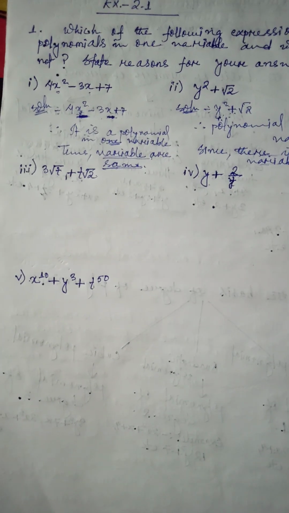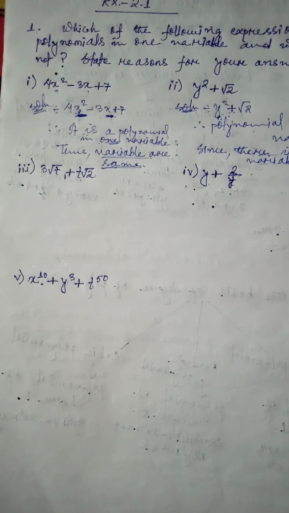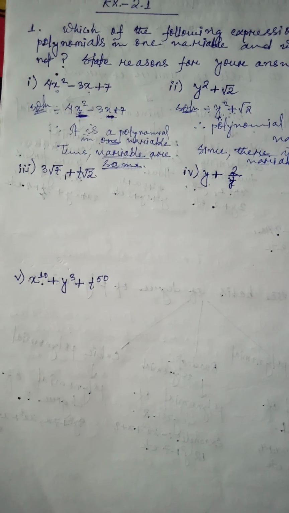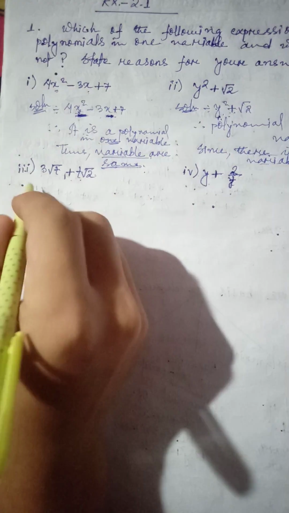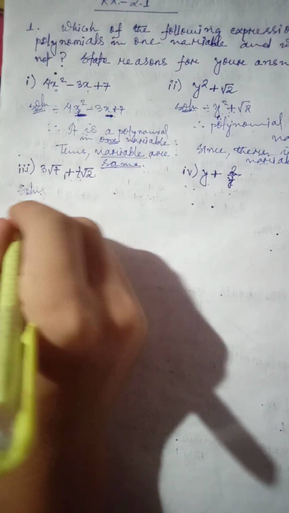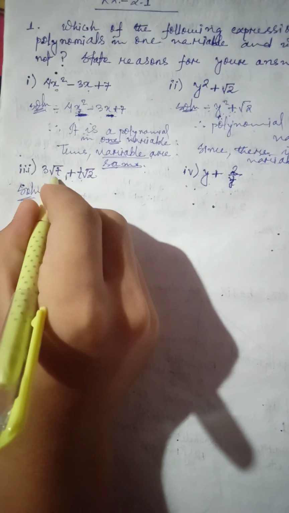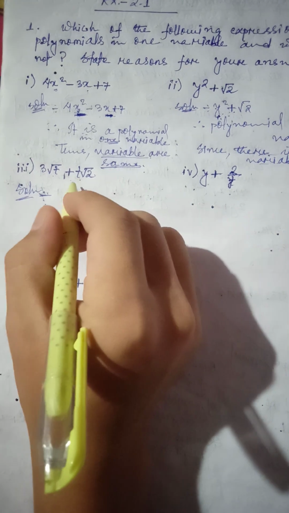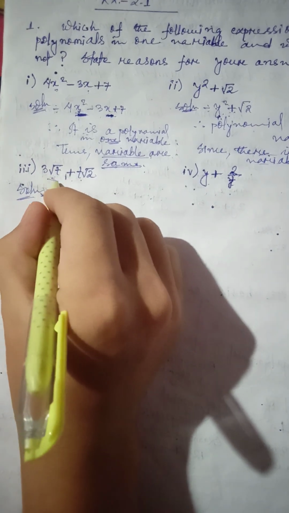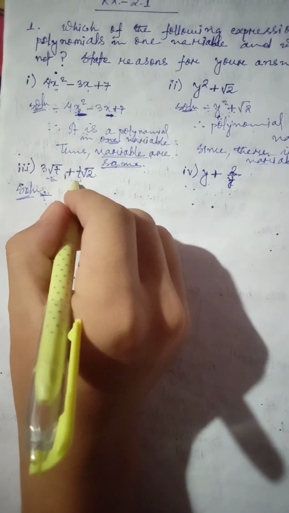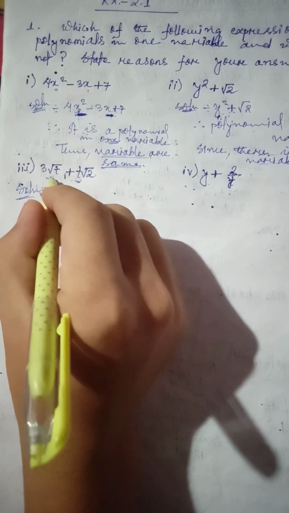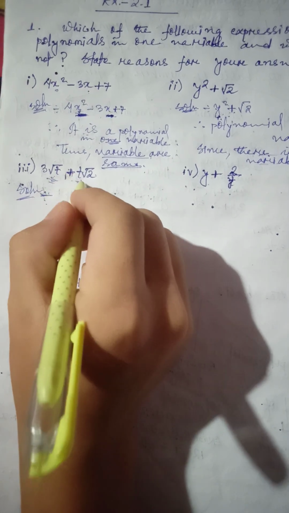In Roman number 3, we are given 3 root t plus t root 2. We have to check whether this is a polynomial in one variable. But before that, we have to check whether the given algebraic expression is a polynomial or not.